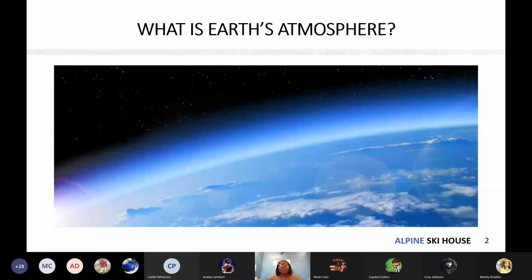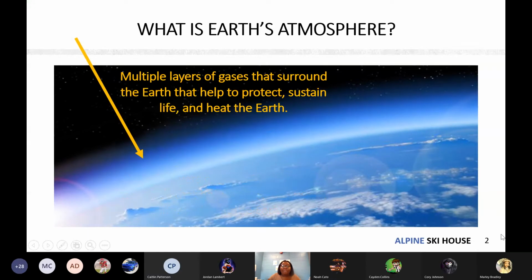So, question we need to write in our notes: what is Earth's atmosphere? This is an amazing picture of our atmosphere taken from a satellite above Earth. The Earth's atmosphere is multiple layers of gas that surround our Earth.